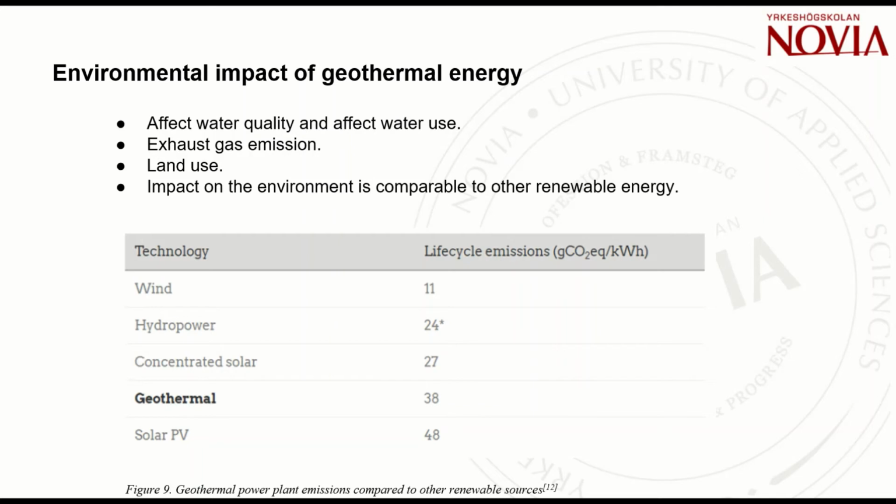Second is exhaust gas emissions. In the process of using geothermal energy, some gases will be emitted, such as carbon dioxide and hydrogen sulfide, and they will cause air pollution. Third is land use.